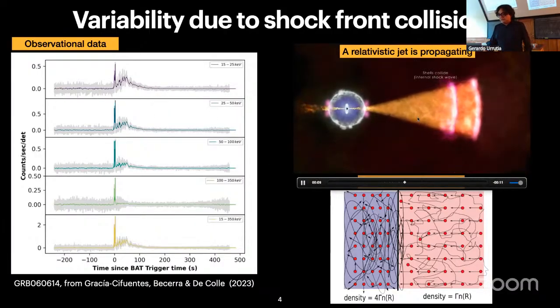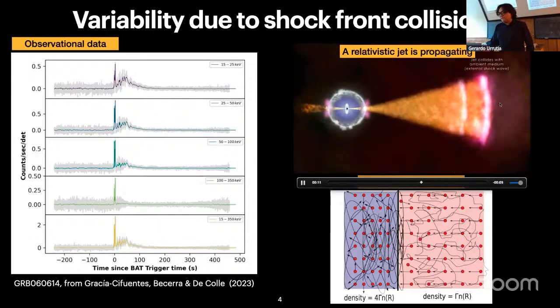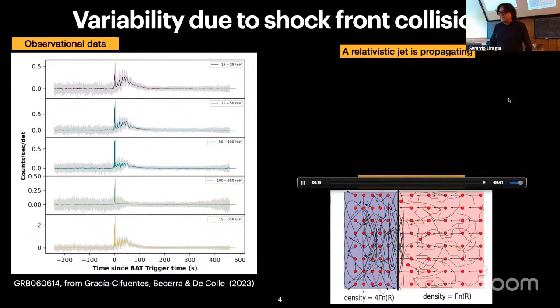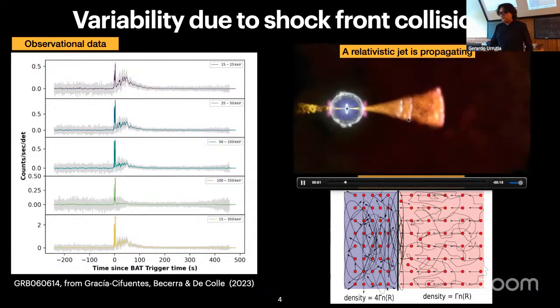Well, the first blob emitted from this gamma ray burst jet is decelerating because of the interaction with the interstellar medium. It decelerates before, and the material ejected from the central engine is colliding with the first shock front.